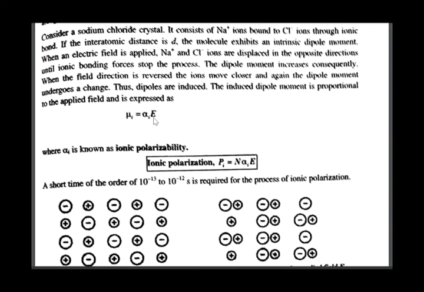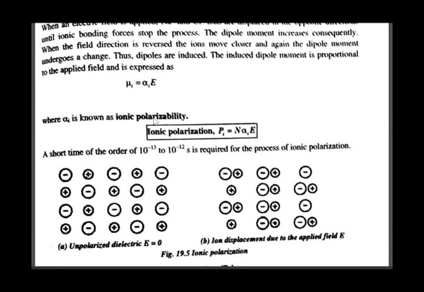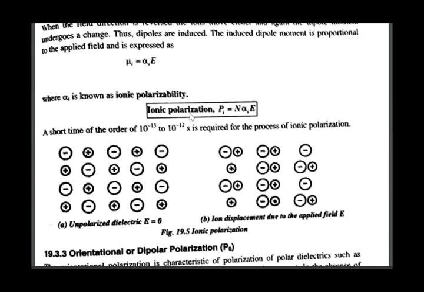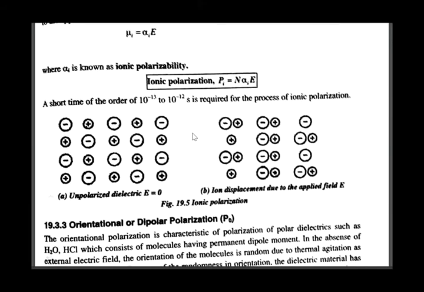E is the strength of the electric field. So ionic polarization P_i is N times alpha_i E. A short time of the order of 10^-13 to 10^-12 second is required for the process of ionic polarization.